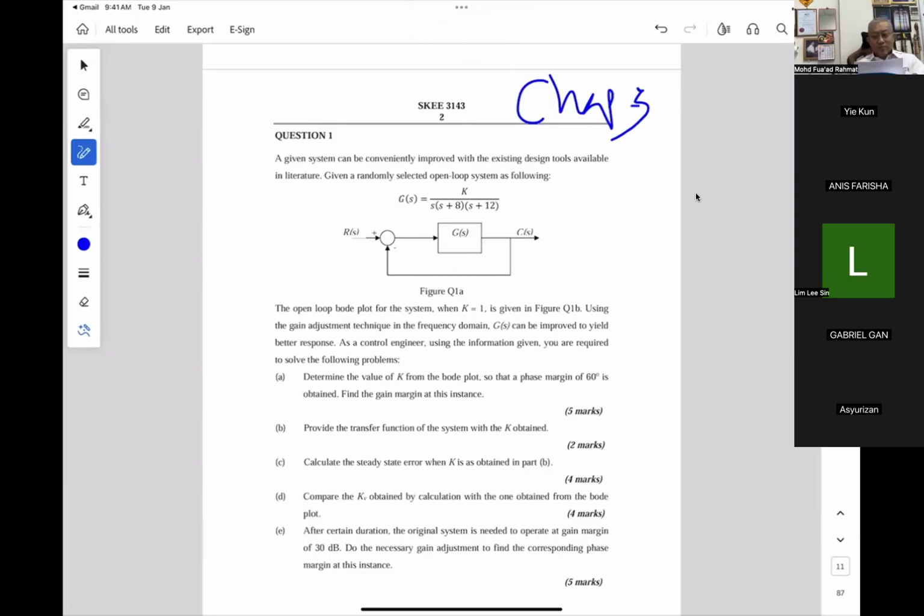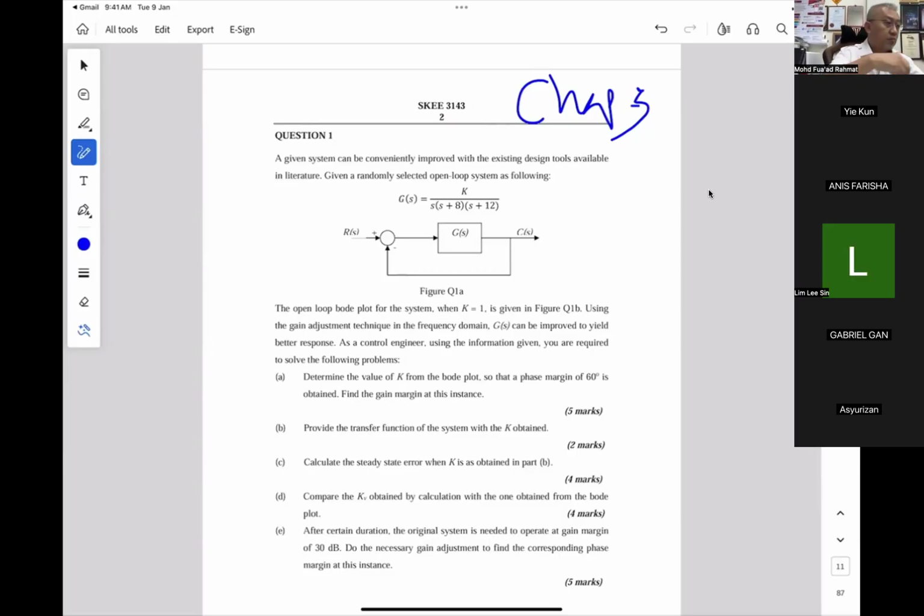A given system can be conveniently improved with the existing design tools available in literature. Given a randomly selected open loop system as following: G(s) equal to K over s(s plus 8)(s plus 12). The open loop Bode plot for the system when K is 1 is given in figure Q1b.